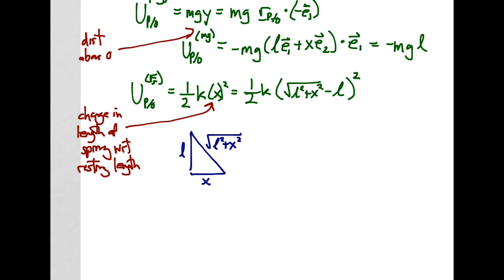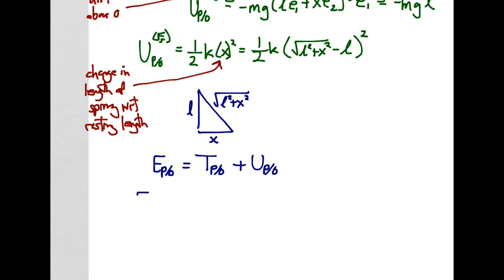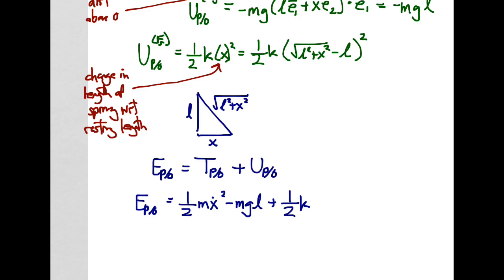So now we insert these into our expression for our total energy, in which we get that our energy, P with respect to O, is equal to 1/2 m x dot squared minus mgl plus 1/2 k times the square root of L squared plus x squared minus L squared.